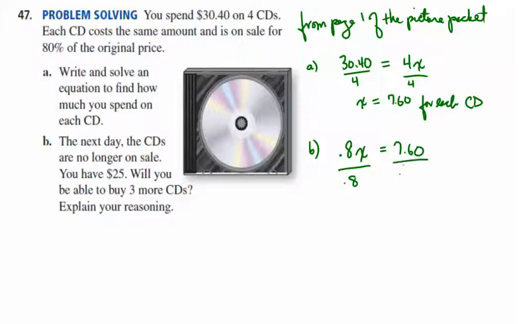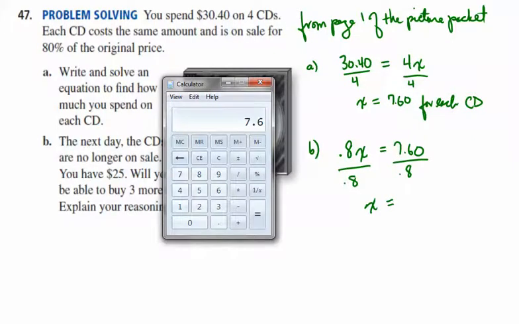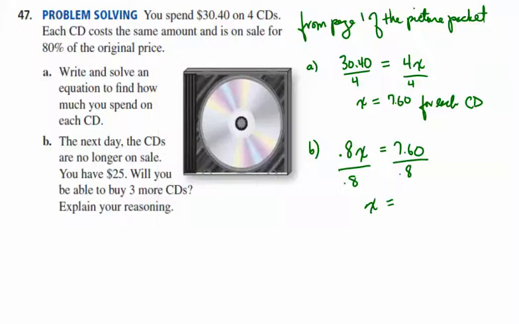If we divided both sides by 0.8, here we would get x, which is a different x than the x in part A. Bring in our calculator, we have $7.60 divided by 0.8, and that would be $9.50. $9.50 is the original price of the CDs.